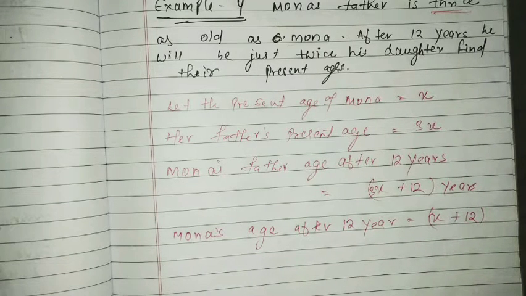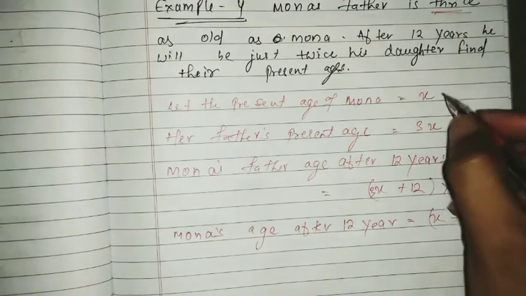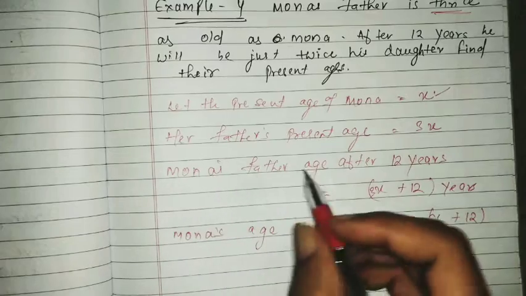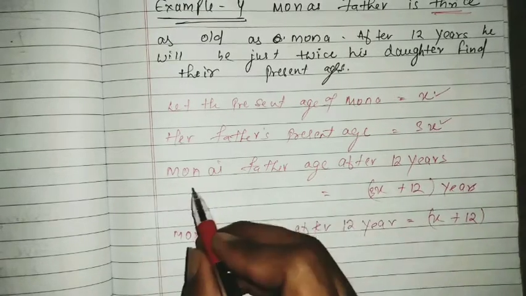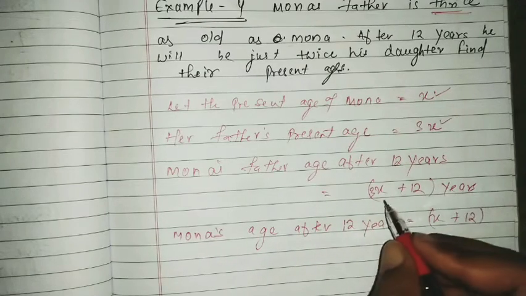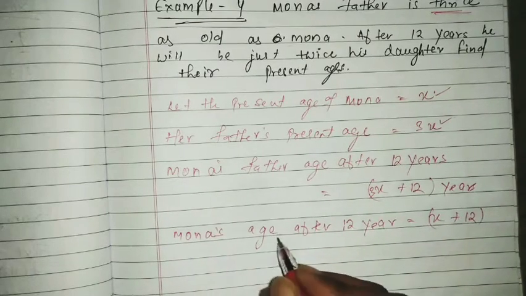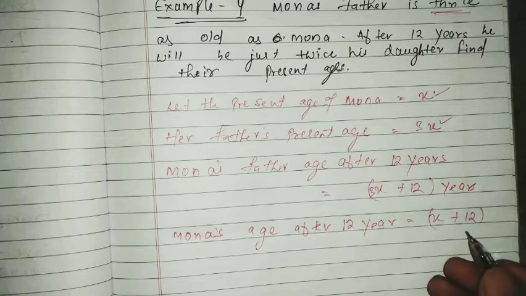So what is given in that question? I have written let the present age of Mona be x, her father's present age 3x. Mona's father's age after 12 years is 3x plus 12. Mona's age after 12 years is x plus 12.